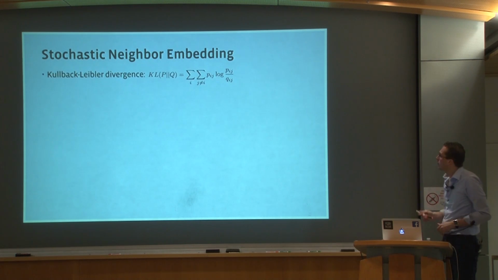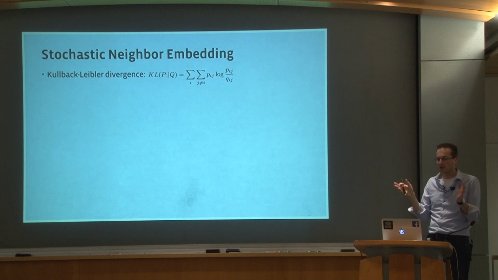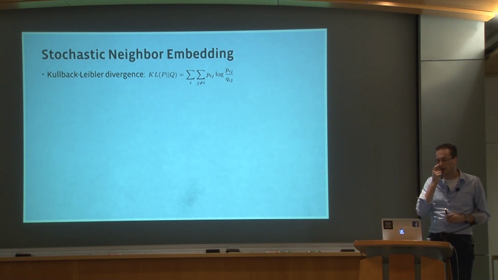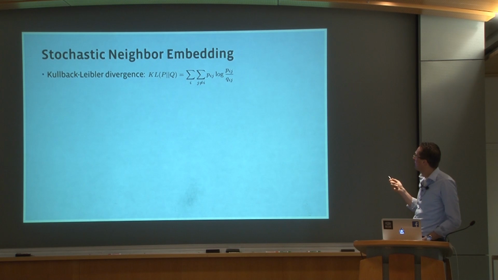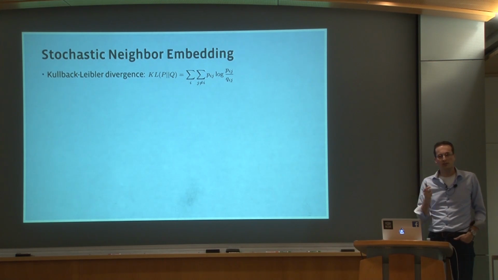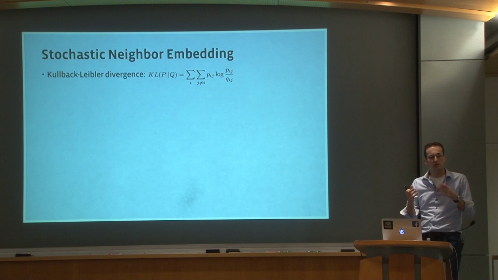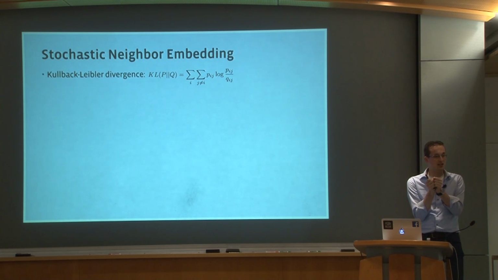So why do we use this Kullback-Leibler divergence? There are some nice mathematical reasons maybe, but what does it really do? Well, you can think of it as follows. Let's say I have two similar objects. In the original data, they had a large value Pij.